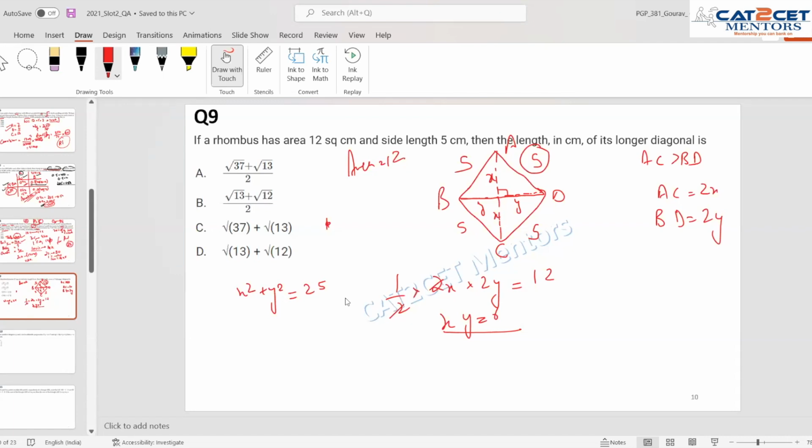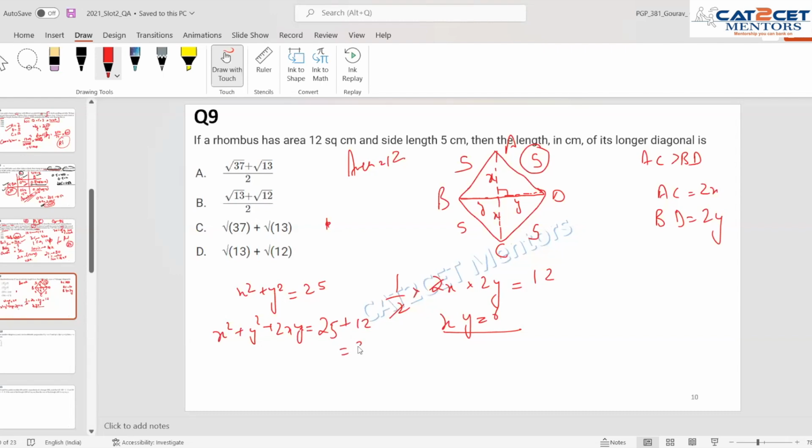Then guys, what will we have to do in this question ahead? How will we move forward? Exactly, we will make a whole square. So we will first make x square plus y square plus 2xy. This will be equal to 25 plus twice of xy, that is 12.